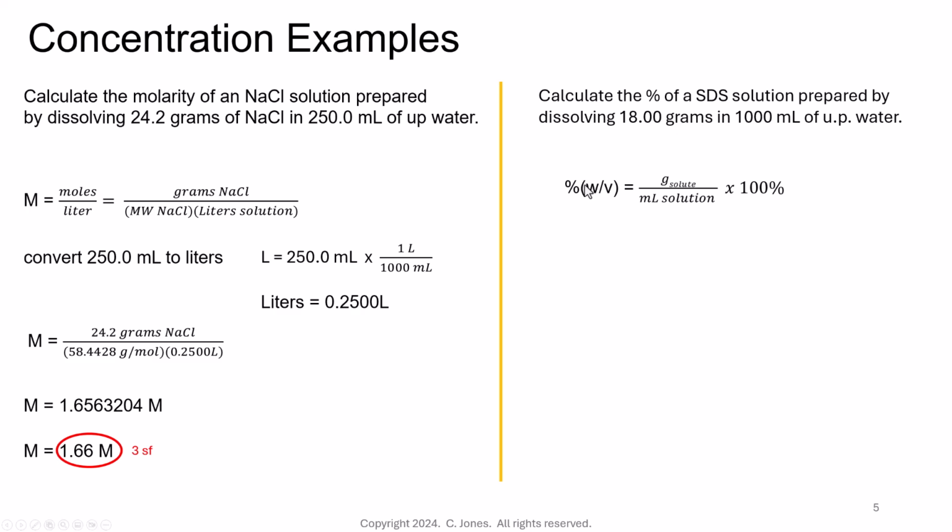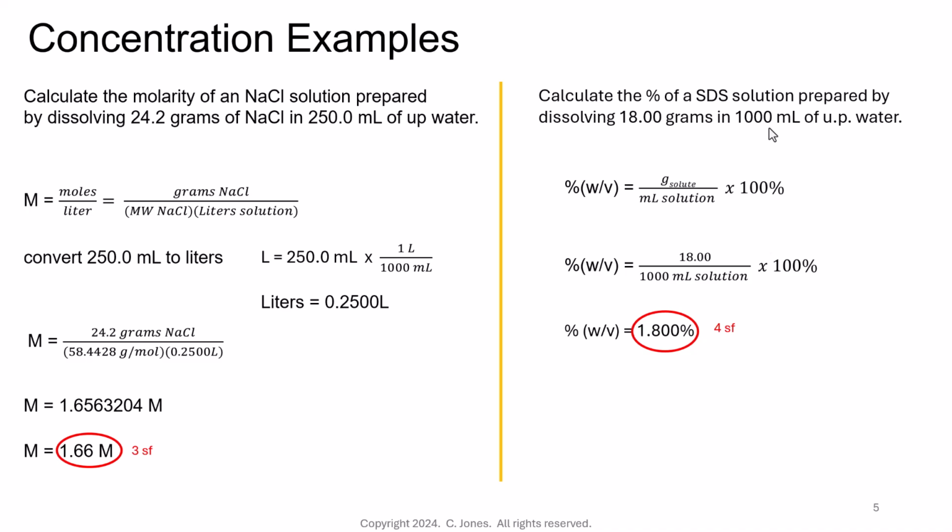So this will be a percent weight volume, and that's going to be grams of solute over the mLs of solution times 100%, or 18.00 grams of SDS over 1,000 mLs of water times 100%, or this is 1.800, okay? And we're going to assume that these zeros are significant because presumably you would make this up in a 1 liter or 1,000 mL volumetric flask, okay?